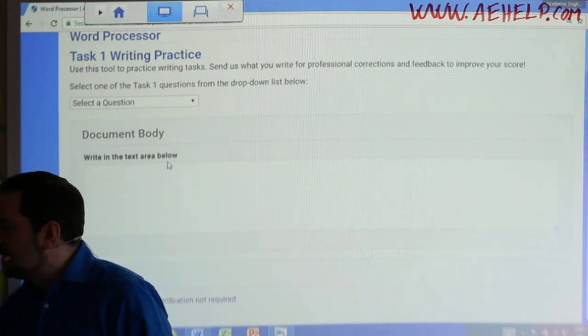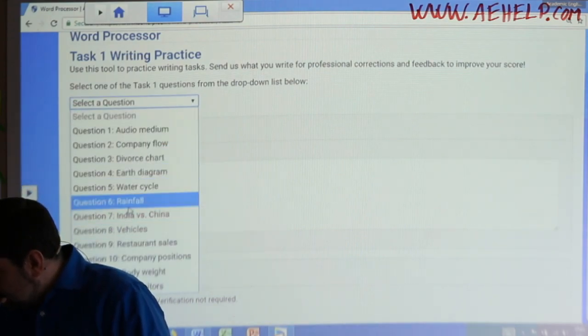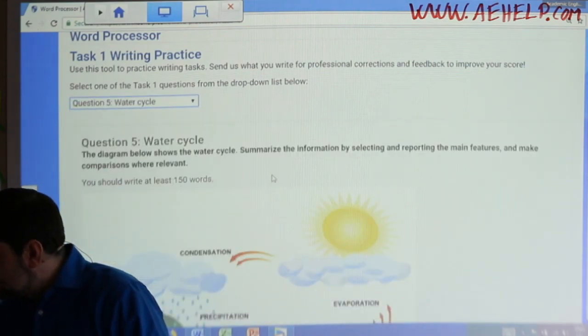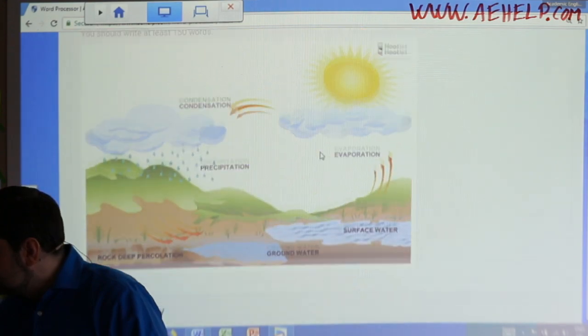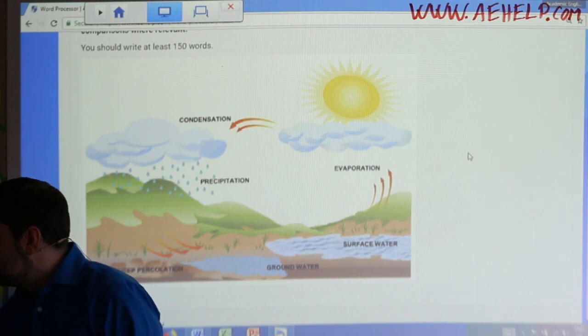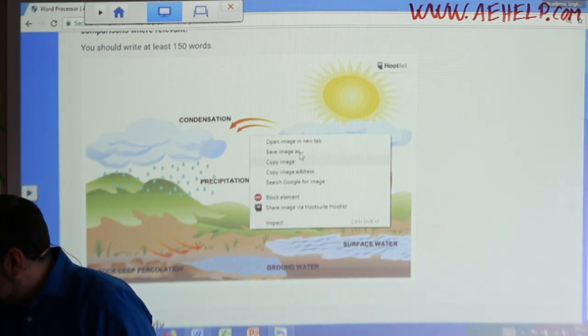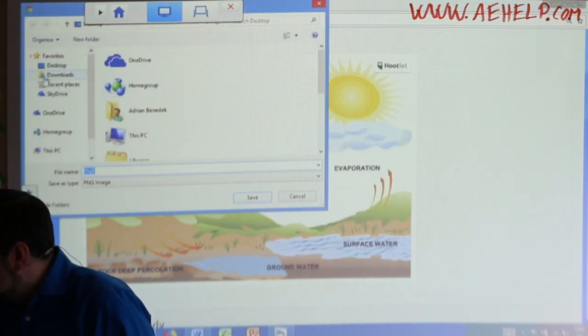So today we're looking at a diagram, and let's put that up there. This is the diagram that we're looking at today. Let me just save this image to my desktop so you can see the image better.